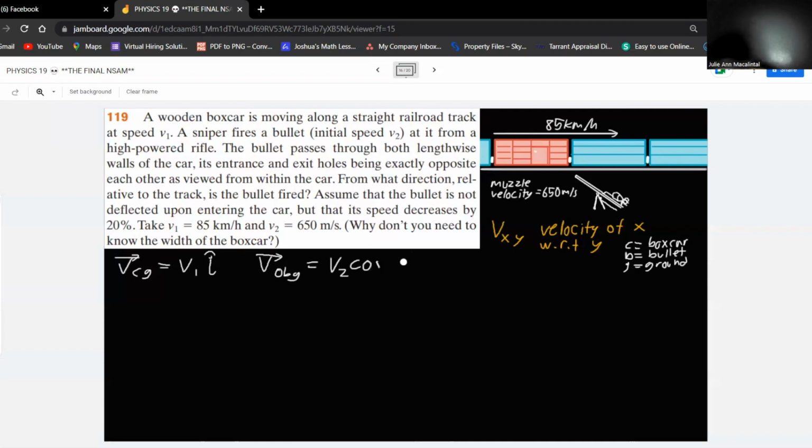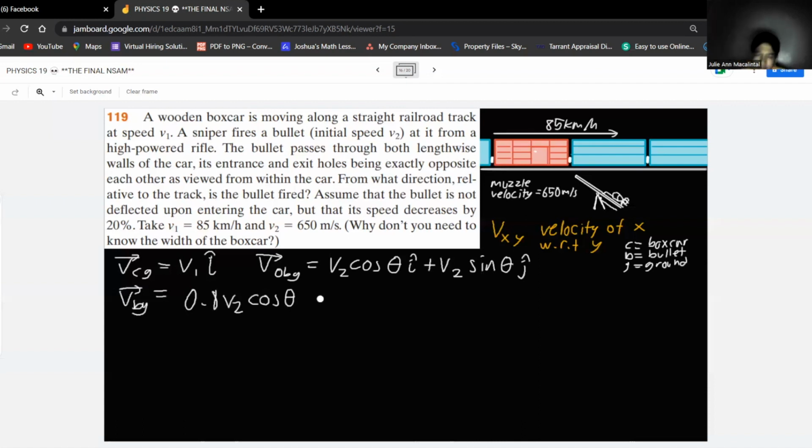Ground and boxcar. So ground reference frame, boxcar reference frame. Yung magandang origin natin sa boxcar ay yung saan pumasok yung bullet hole, so bullet entry point. Or hindi kaya when it was fired?